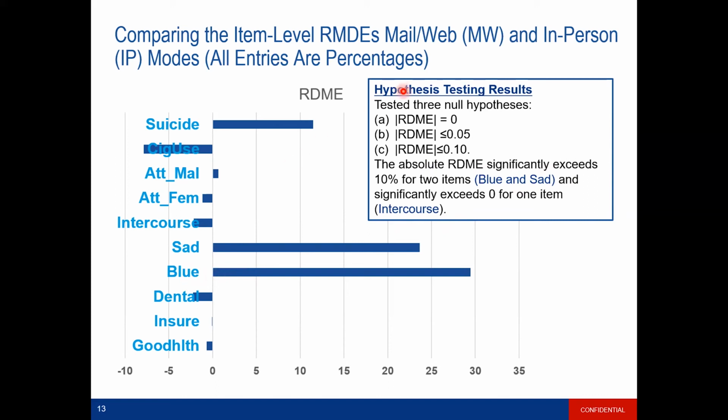That's why from the web and the mail mode, we are actually seeing a higher prevalence of feeling sad and blue than from the in-person mode. That's why the RDME is positive. And for some of the estimates, some of the RDME you can see are negative. So for example, for intercourse, the prevalence from the mail and web is lower than the estimates from the in-person interviews.